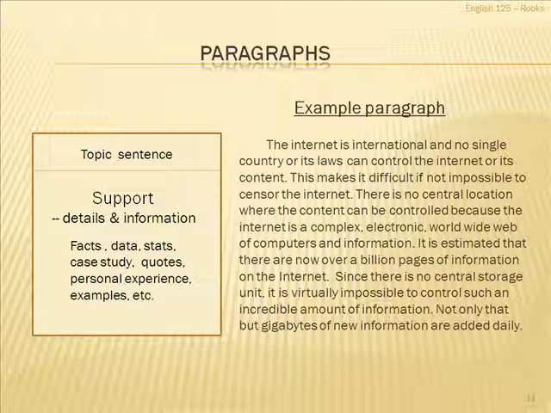In this particular case, the topic sentence says, the Internet is international, and no single country or its laws can control the Internet or its content. The rest of the information in the paragraph then supports this contention and this idea by giving details about that.